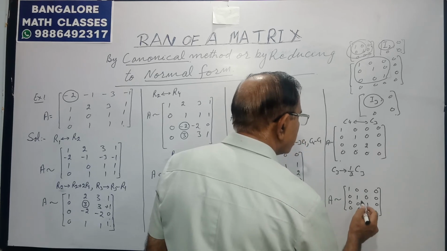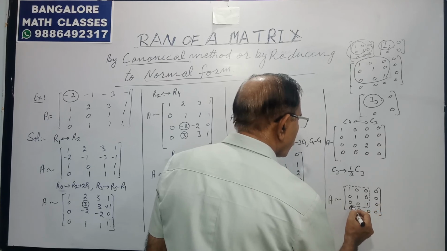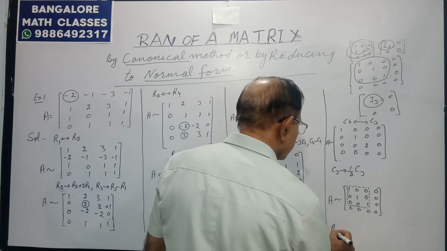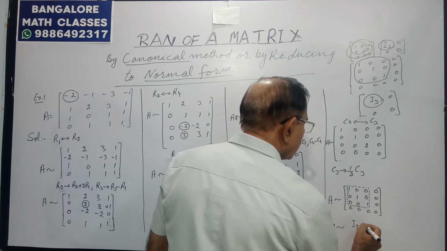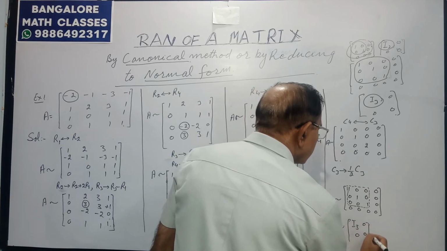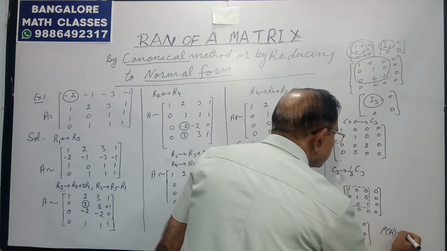Now see this part carefully. I can put it as I3 with 0, 0. Thus the rank of this matrix is 3.